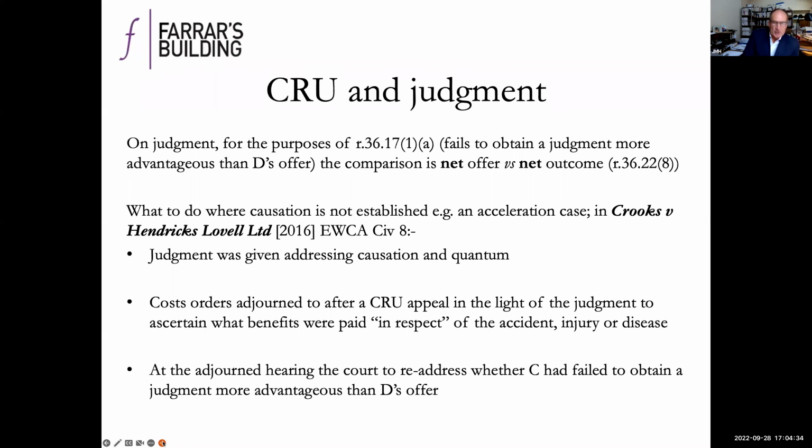The basic proposition that was emphasised throughout that authority, and indeed reflects Rule 36.22(8), is that it's net offer versus net outcome, i.e. it's the sum of money having taken off the CRU sum, both in respect of the offer and also in respect of the judgment.